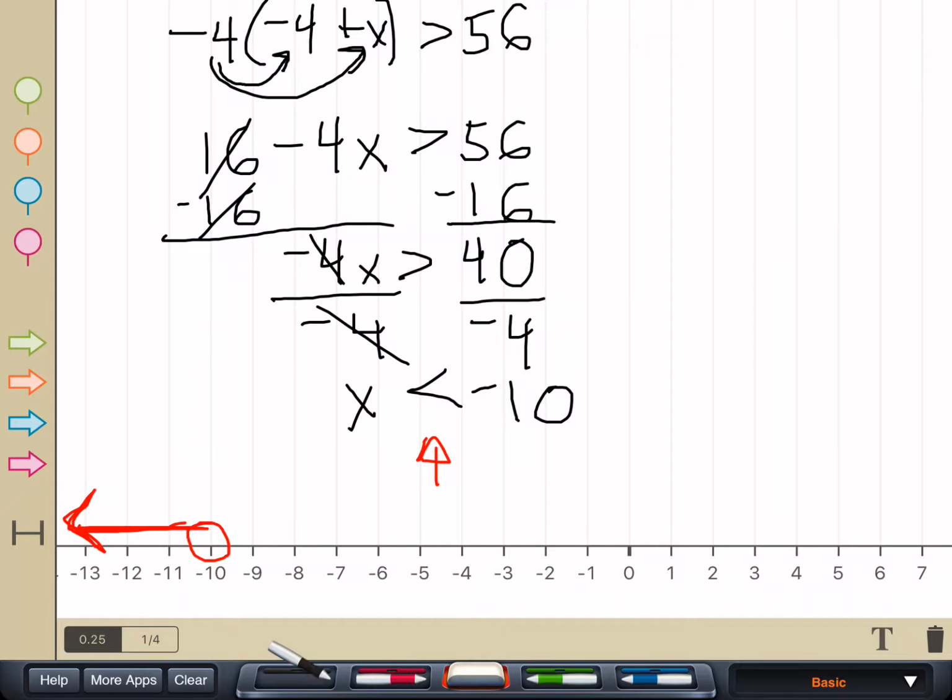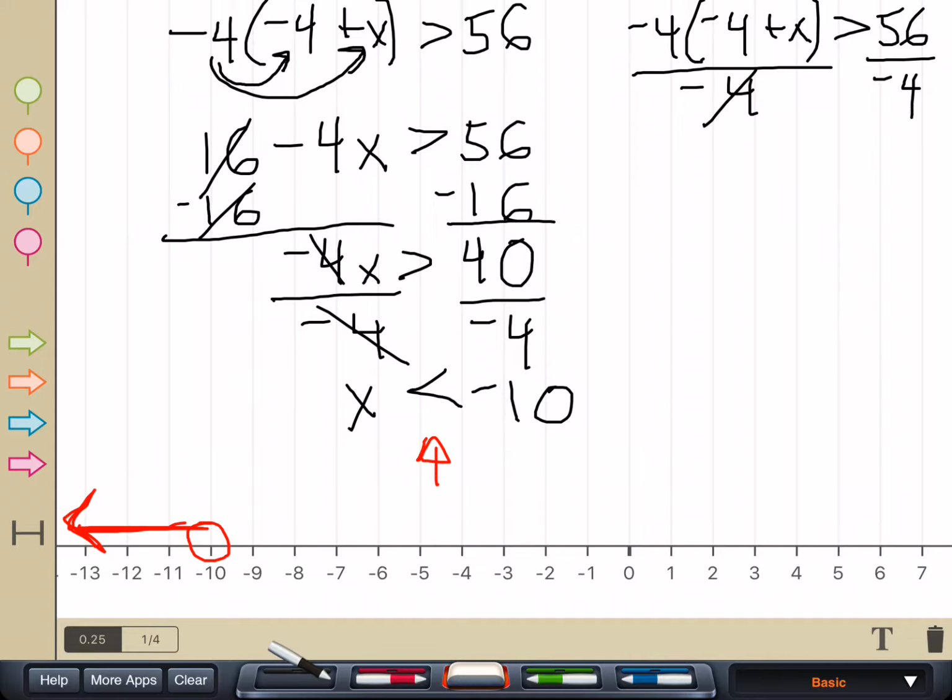Now, I mentioned that there were two ways to solve this inequality, so let's take a look over here. The first way involved using the distributive property. The second doesn't. So what we can do is divide each side by -4. So these -4s are going to cancel out, which is going to leave us simply with -4 plus x, and 56 divided by -4 is -14.